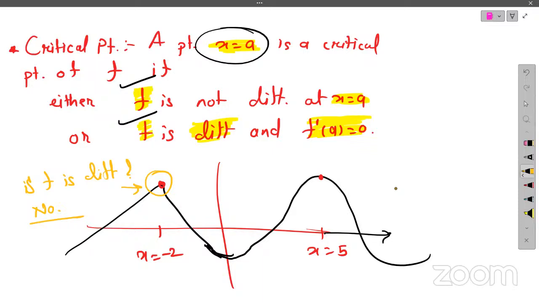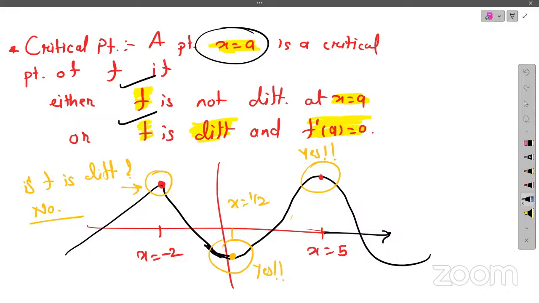And if you consider these 2 points, suppose this is x = 1/2 or something, the function is differentiable at these 2 points, because it has a continuous, polynomial type of behavior. Whenever such smooth behavior is there, we can say that the function is differentiable.